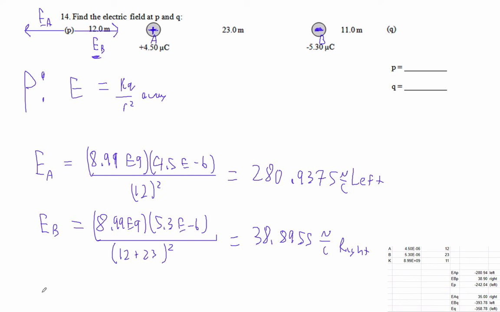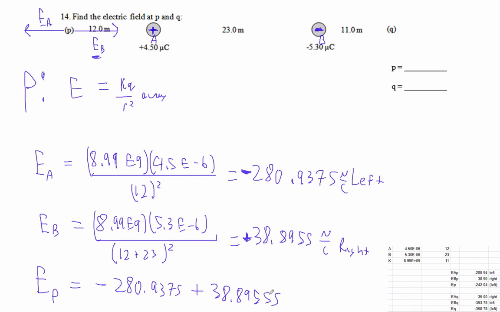Okay, so when I figure out the electric field at P, I'm going to make things to the left negative and things to the right positive and just add them together. So I'm going to say the opposite of 280.9375 plus 38.8955.